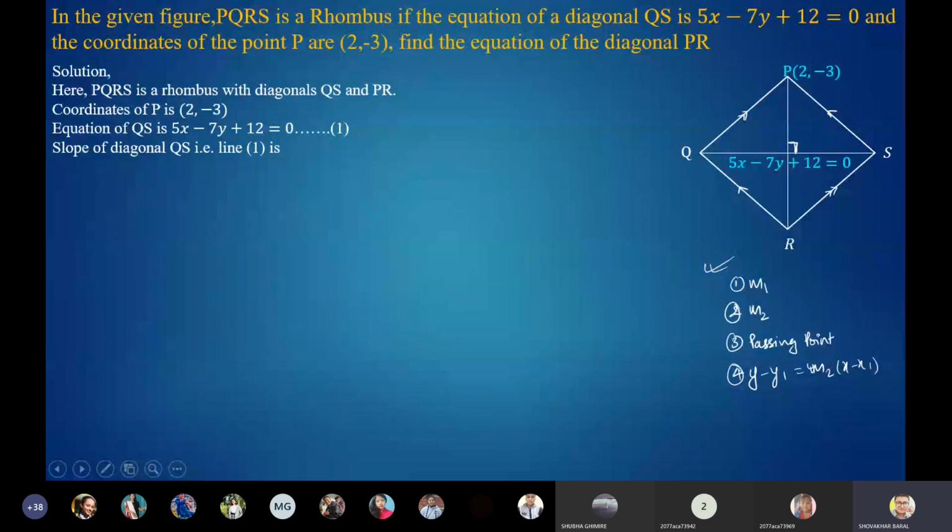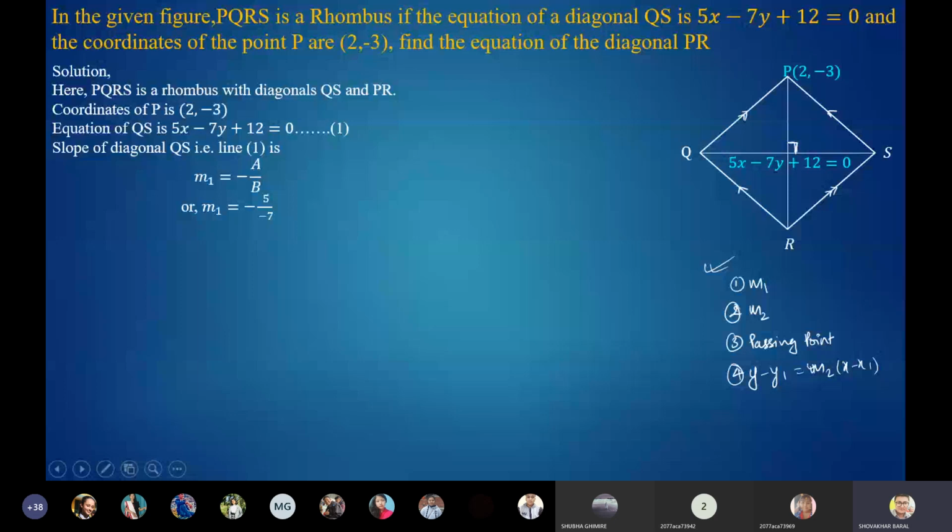So slope of diagonal QS, that is line 1, is m1 equals minus coefficient of x by coefficient of y, that is minus a upon b. It will be equal to minus 5 divided by minus 7.